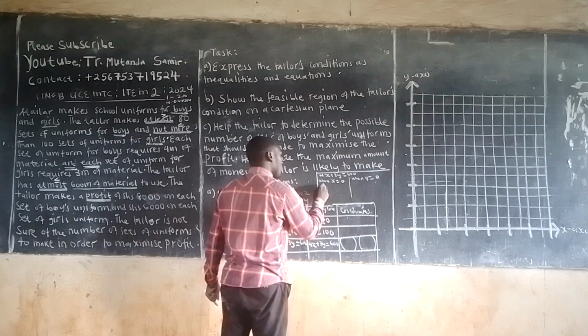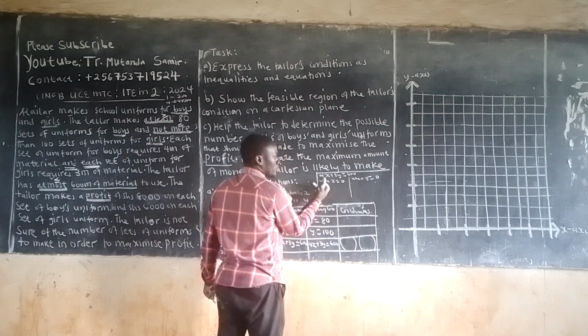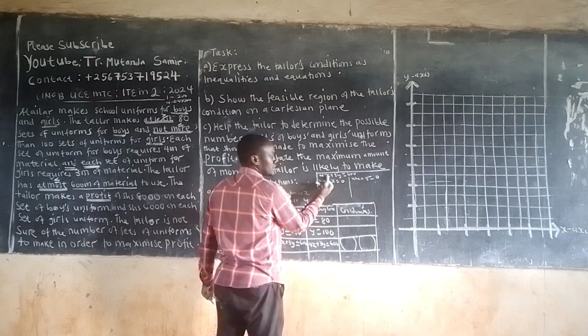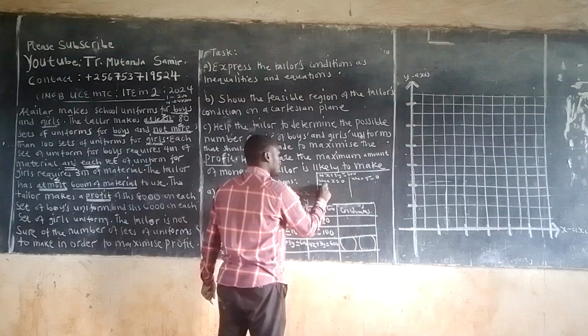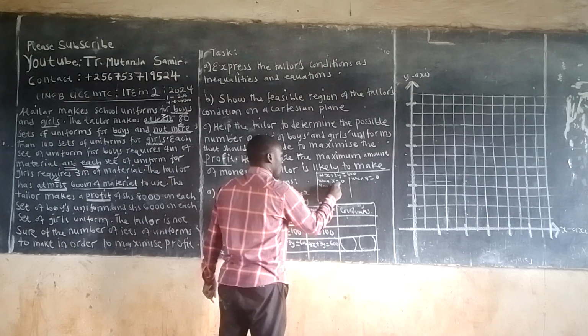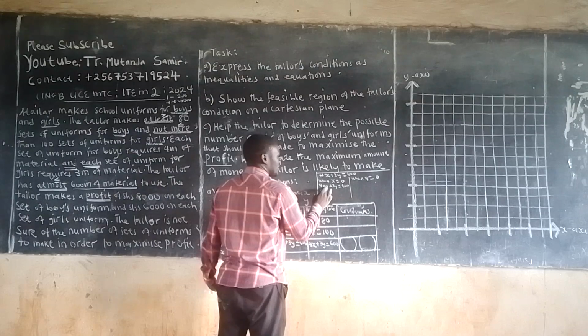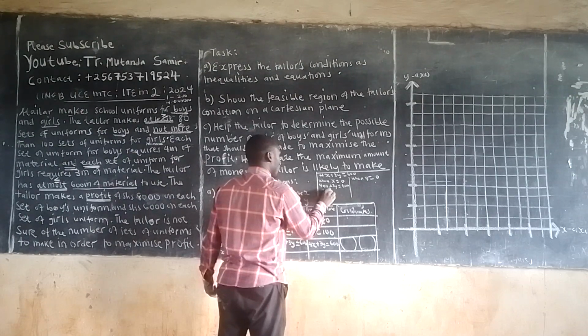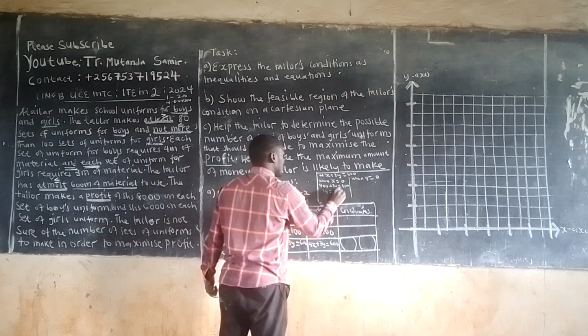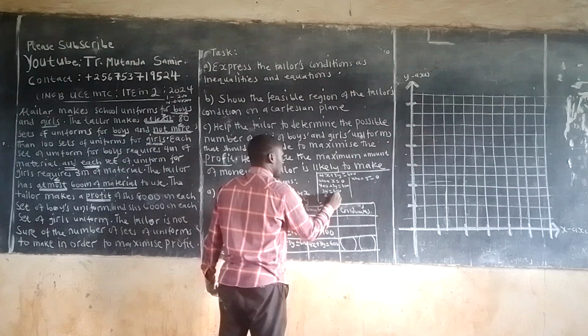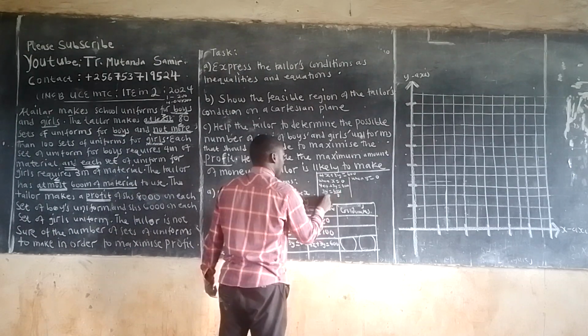So x is 0, and you put it here. 4 times 0 plus 3y equals 600. You see that 4 times 0 is 0, plus this. So just consider it as 3y is equal to 600, divided by 3, divided by 3. What will be your value of y?